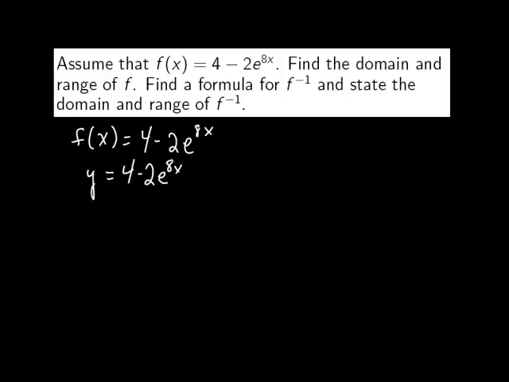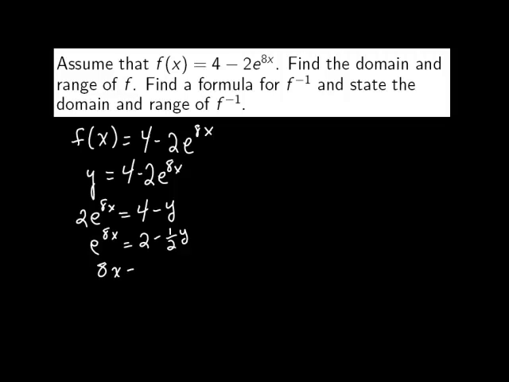And I need to solve for x, so I'm going to bring the 2e to the 8x to the left hand side, equals 4 minus y. And so e to the 8x equals 2 minus 1/2 y. And now taking the natural log of both sides, the 8x will drop down.